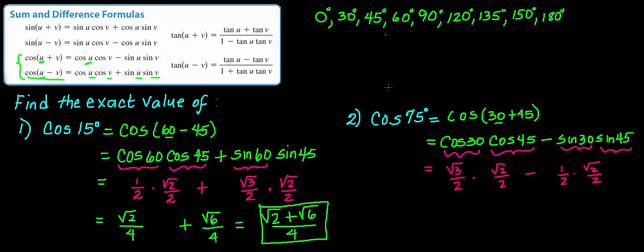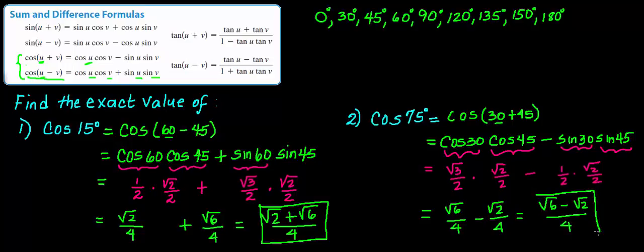So that will equal, when I multiply fractions, numerator times numerator, square root of 6, denominator times denominator, 4, minus 1 times the square root of 2, square root of 2, 2 times 2, 4. So the exact value for the cosine of 75 is square root of 6 minus the square root of 2, everything over 4, and that is the final answer.